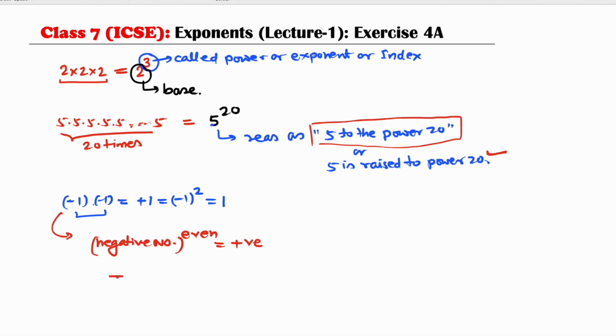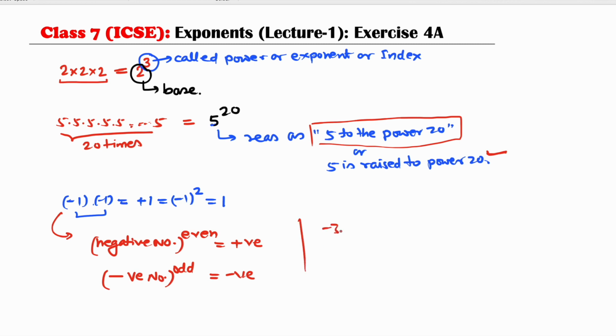If we take a negative number, for which I have used the abbreviation minus with VE, meaning negative number, and its power is odd, then it will become negative.